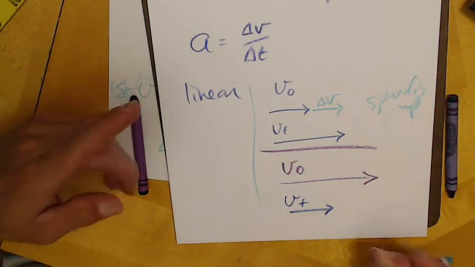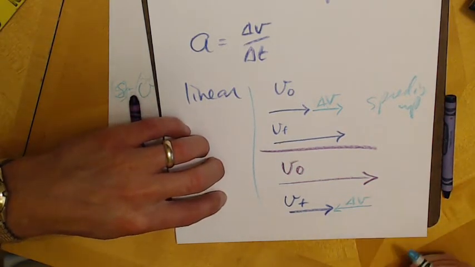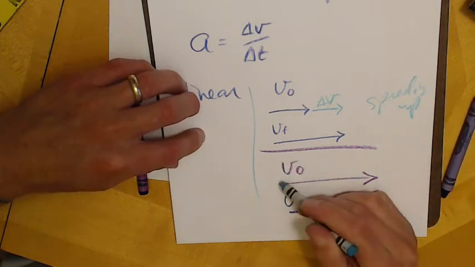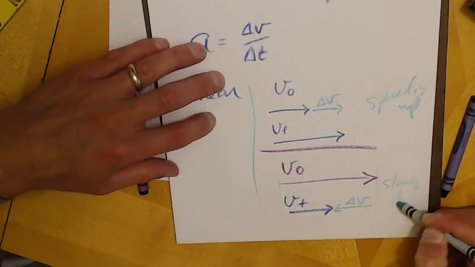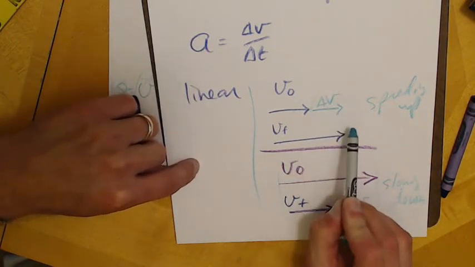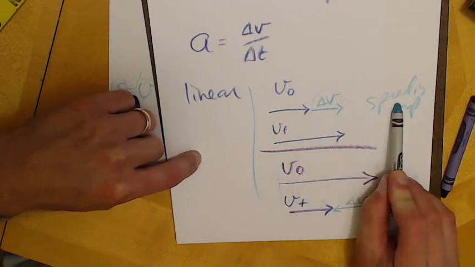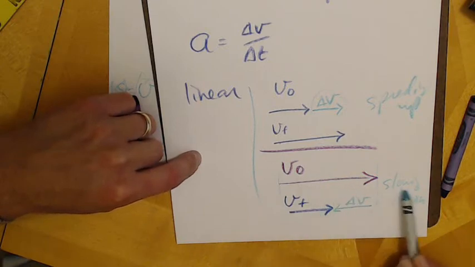My change this time is from here to here. Here's my change in velocity. So now this is slowing down. You can see that when my acceleration and my velocity line up, I'm speeding up. When my acceleration and my velocity are in opposite directions, I'm slowing down.